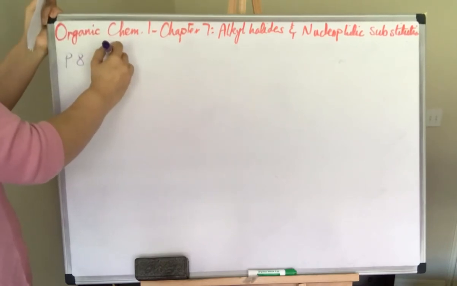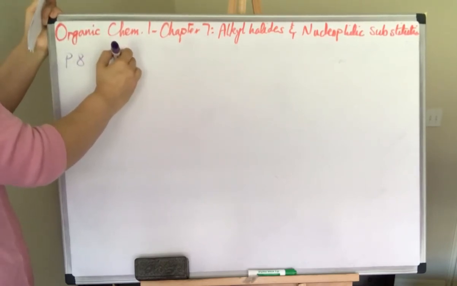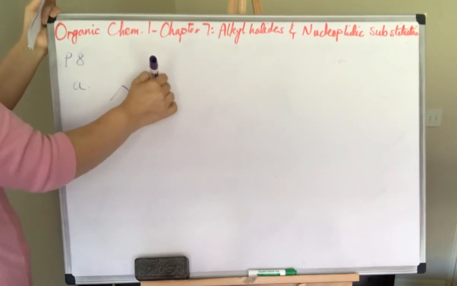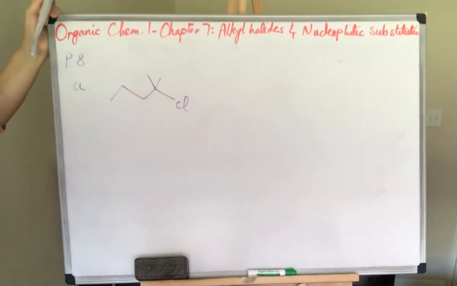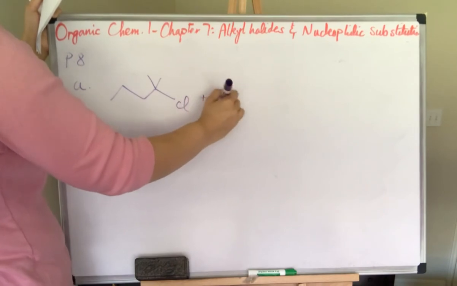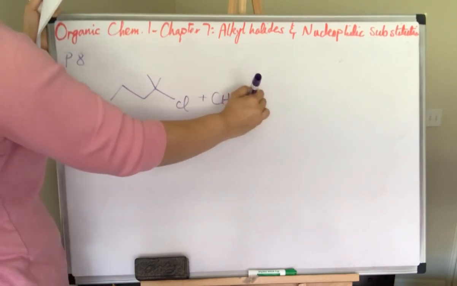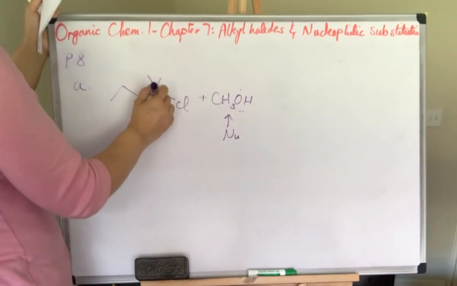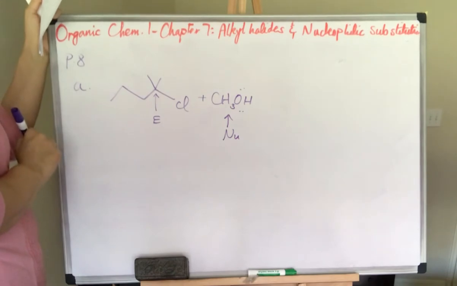We're supposed to draw the product of nucleophilic substitution and determine the likely mechanism. So, which one is our nucleophile? This is a nucleophile. Which one is the electrophile? This one. What type of alkyl halide are we dealing with?